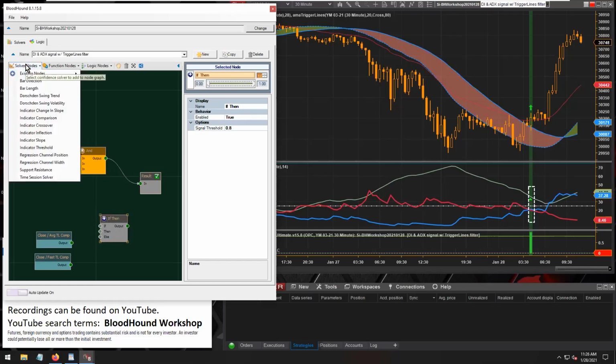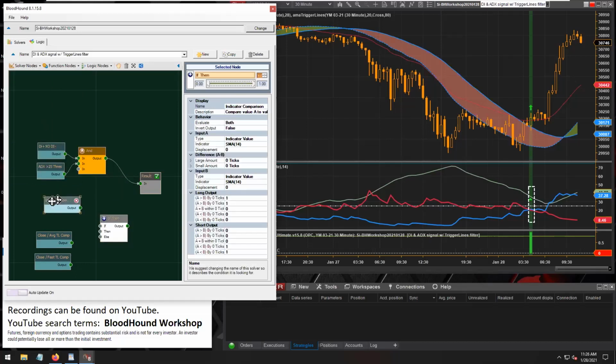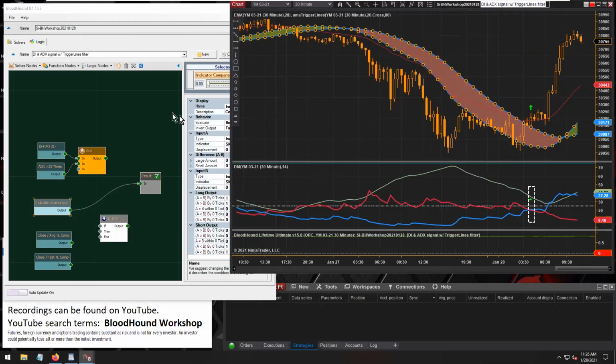So let's see, I'm going to make myself another solver here, another comparison solver. There we go. Let's grab another one here. And this comparison solver is going to tell me whether the trigger lines are crossed down or crossed up.